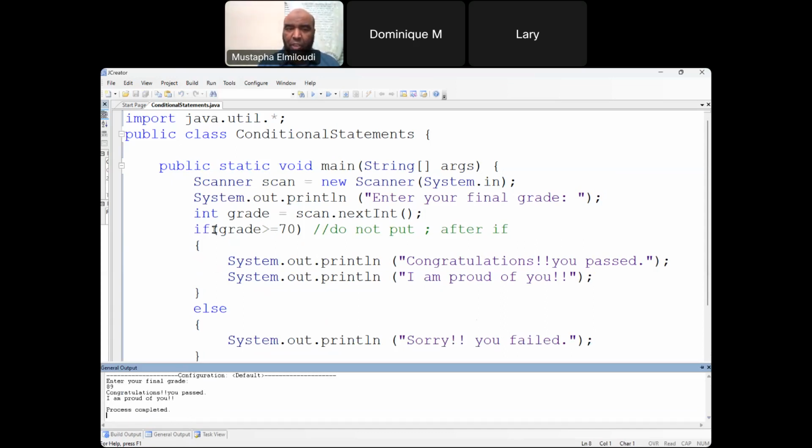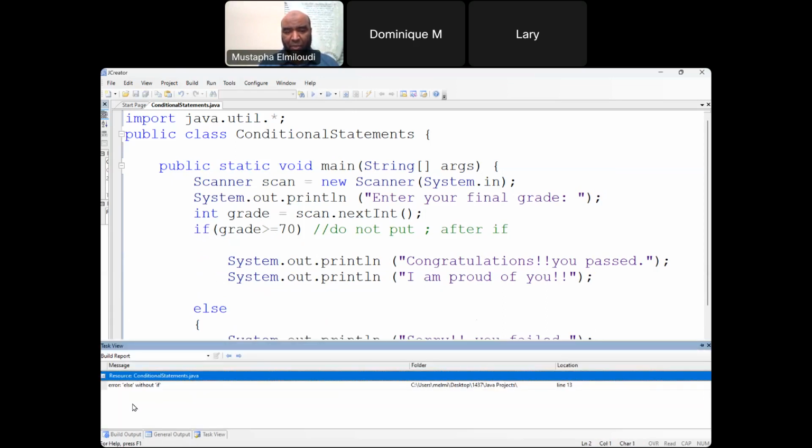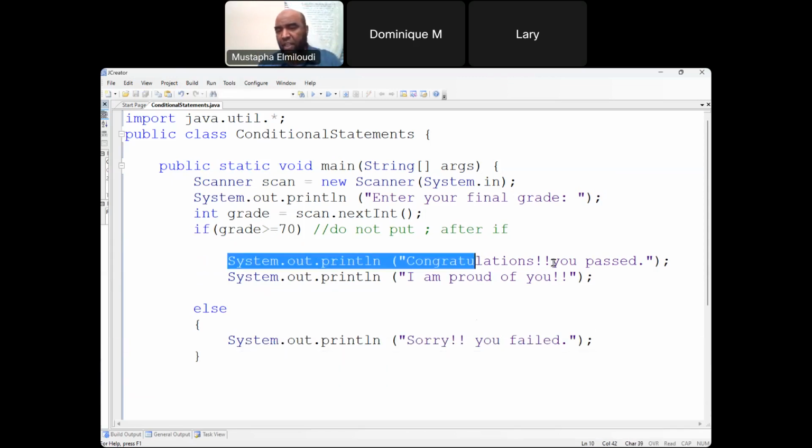Now, let me take off the braces and see what happened. Look, I'm not going to change anything of the code. I'm just going to remove these braces. So now when I build the program, look, what does it say? Error, else without if. Basically, you are separating the if statement from the else. Why? Because when you don't put the braces, Java will take only the first line, this one right here, as part of the if statement by default.